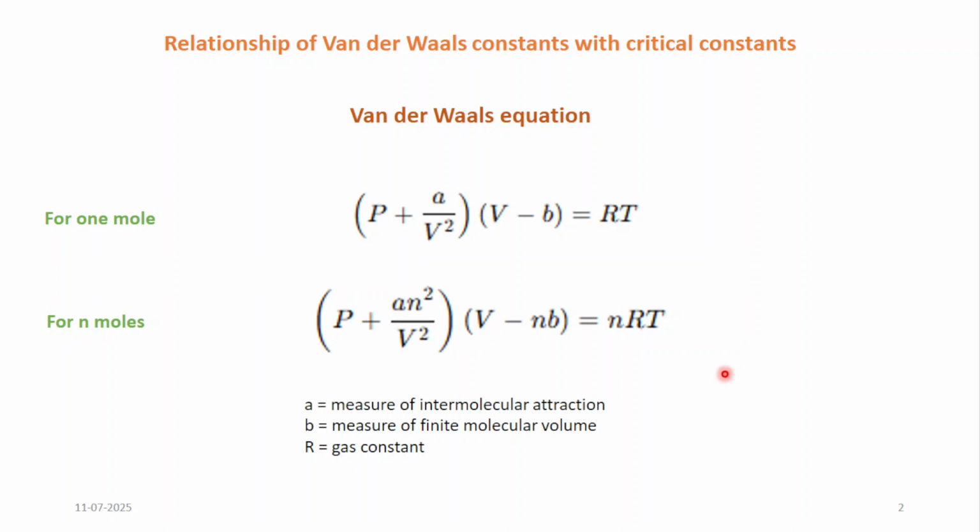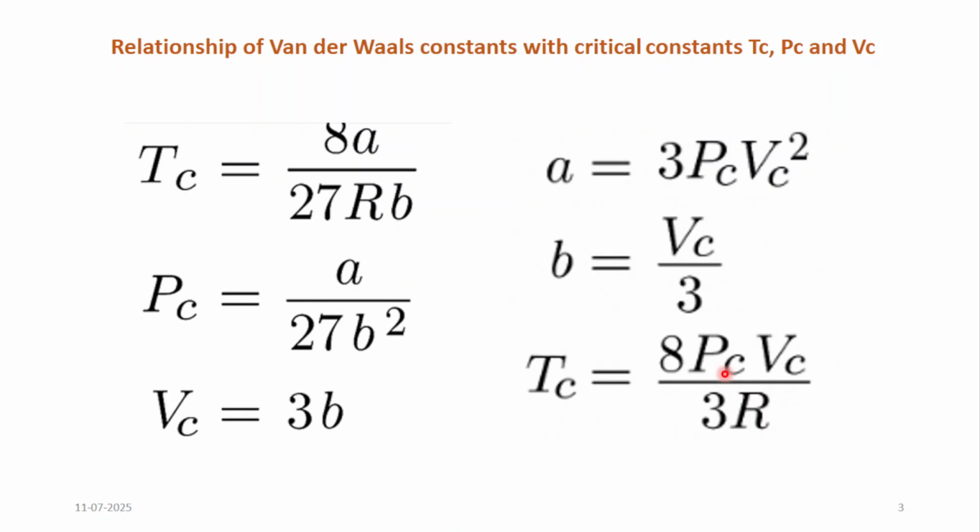This is the van der Waals equation applicable for real gases. So we'll see what is the relationship between the van der Waals constants, that is a and b, with the critical constants Tc, Pc and Vc. Please remember this: Tc = 8a/27Rb, Pc = a/27b², Vc = 3b. If you remember these three, that's fine.